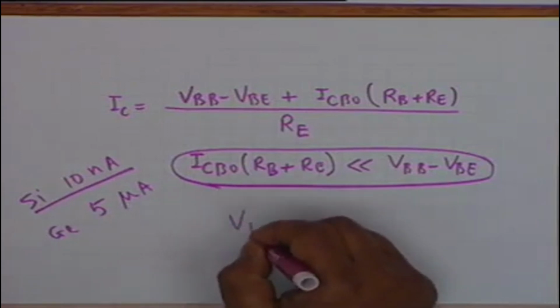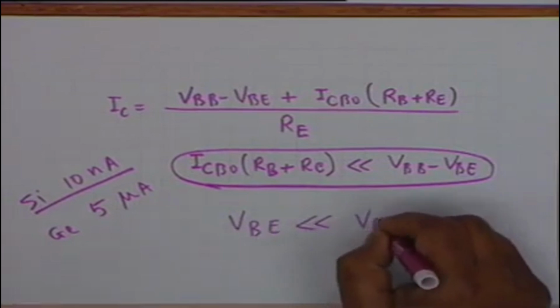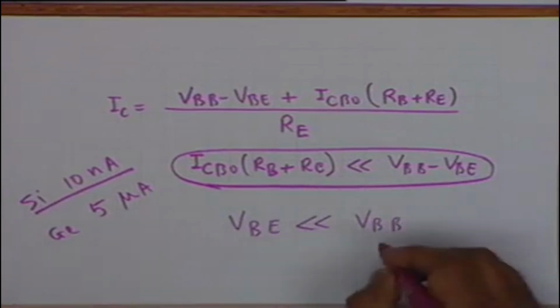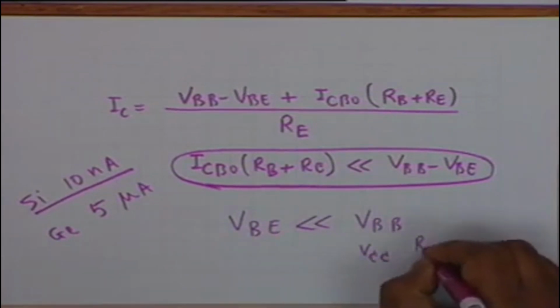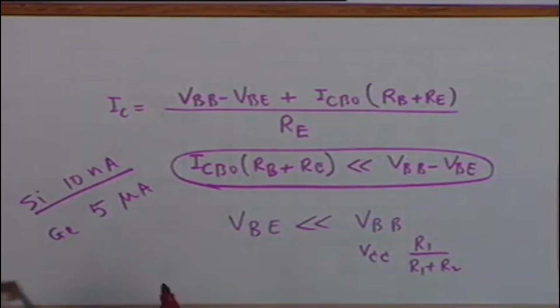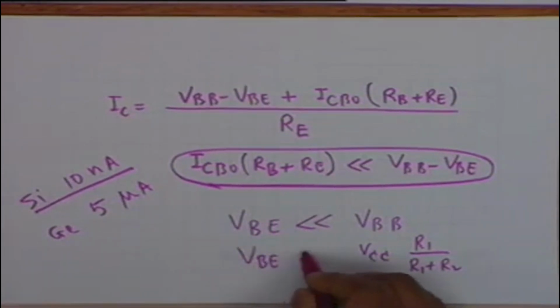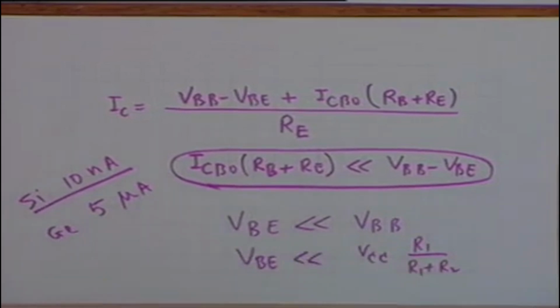Obviously what you should do is VBE should be much less compared to VBB. And how do you obtain this? VBB is VCC R1 by R1 plus R2. You must choose your R1, R2 and VCC such that this relation is satisfied. Okay. So these are the basic design parameters of a BJT.